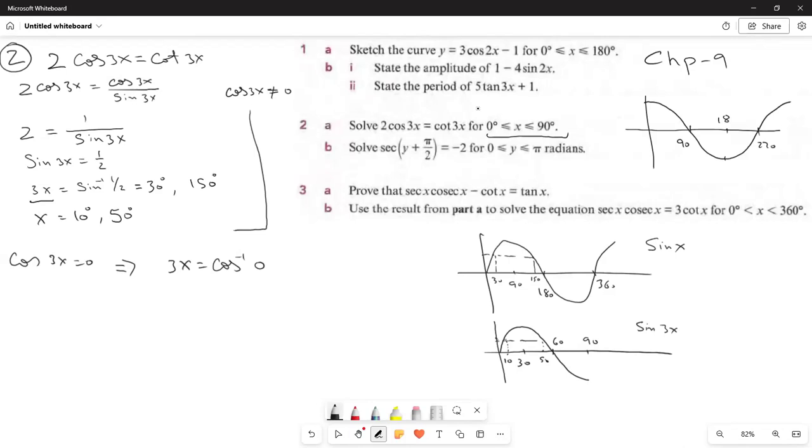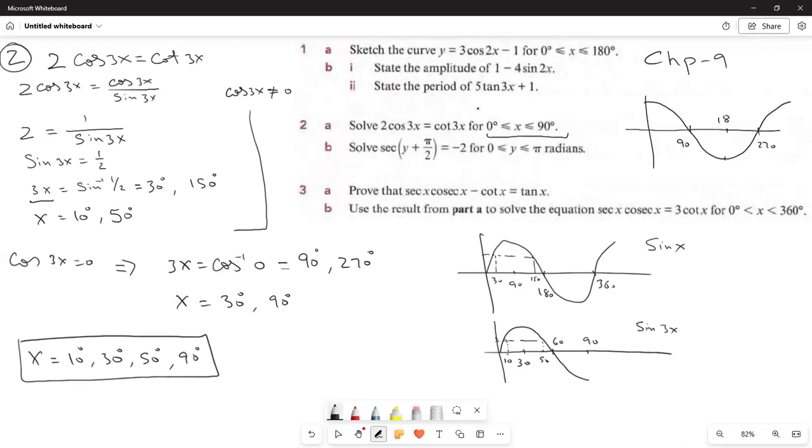So you can see that cos inverse 0 is when the angle is 90 degree or 270 degree. So from here, x should be 30 degree or 90 degree. So my answers are x equal to 10 degree and 30 degree and 50 degree and 90 degree. So for all these values of x, this equation is valid.